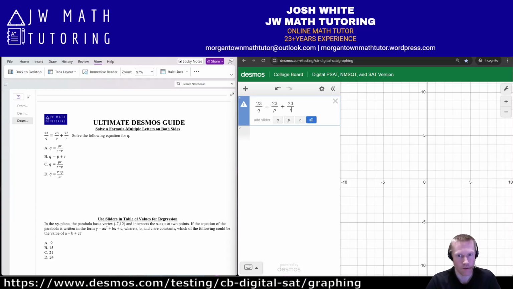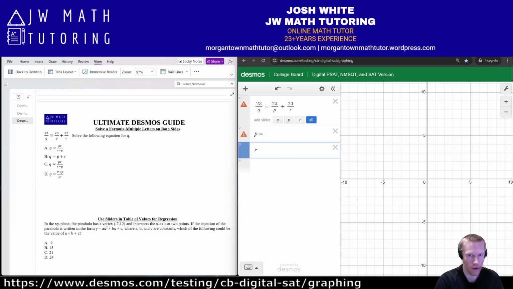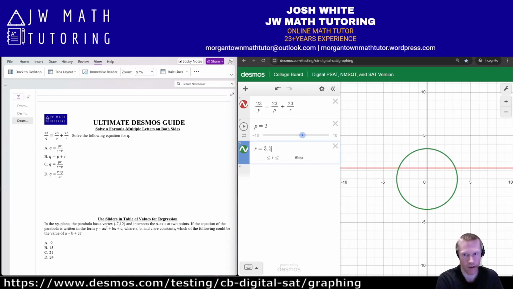All right, so now I'm going to add some sliders. I'm going to add a slider for P and for R, but remember the Q I really want to equal, I'm going to change that to Y. Now I'm going to let P equal, whatever, 2, and I'm going to let R equal 3.5.